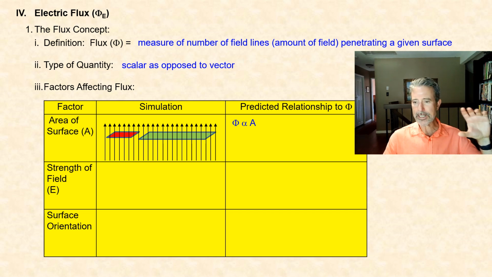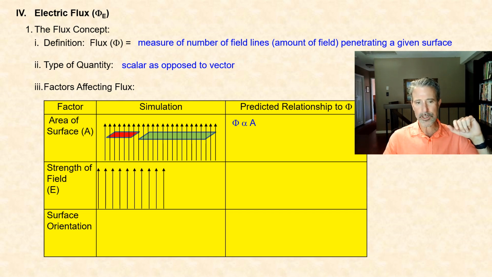What about the field strength itself? Well, to see that, let's take a look at two fields. Here's a relatively weak uniform field. Here's a much stronger uniform field. Let's consider a single surface, same area, run a little controlled experiment here, and take a look at how the field strength affects the flux through that surface.